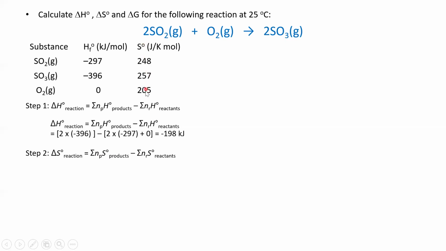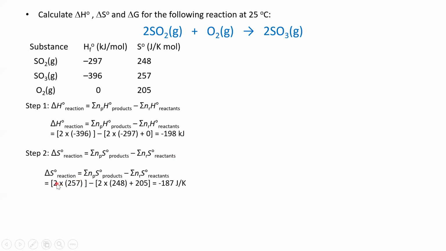And we're going to be multiplying these values by the coefficients in the balanced equation, because the numbers on the table are per 1 mole, and sulfur dioxide has 2 moles, sulfur trioxide has 2 moles. So plug your numbers in, see what you get for the entropy change for the reaction. Look at the sign and see if that makes sense.